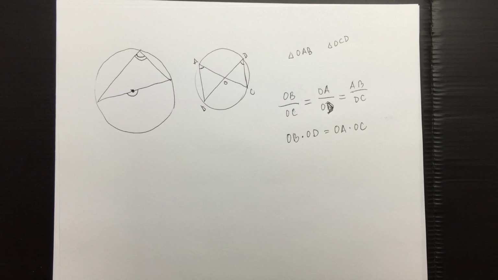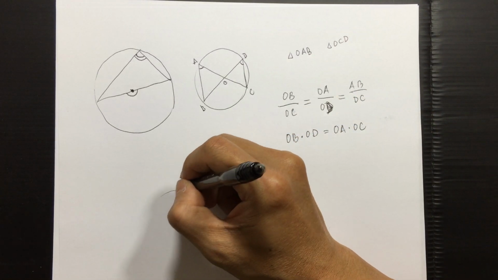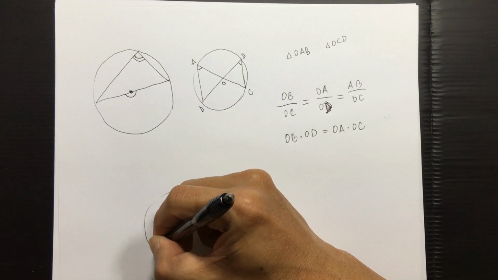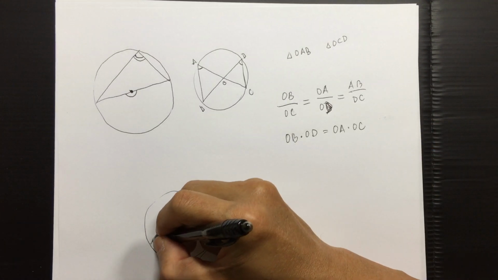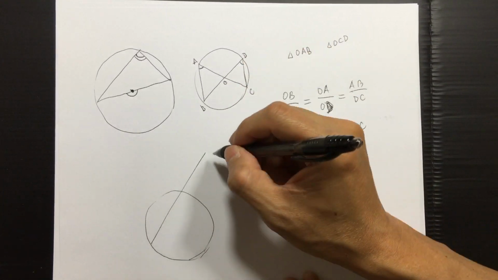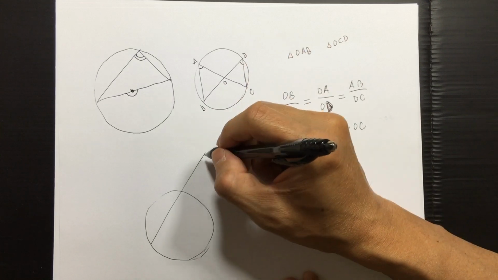And this situation you can expand to this. If this point is outside, by the way, this point doesn't have to be the center of the circle, right? Just any point.